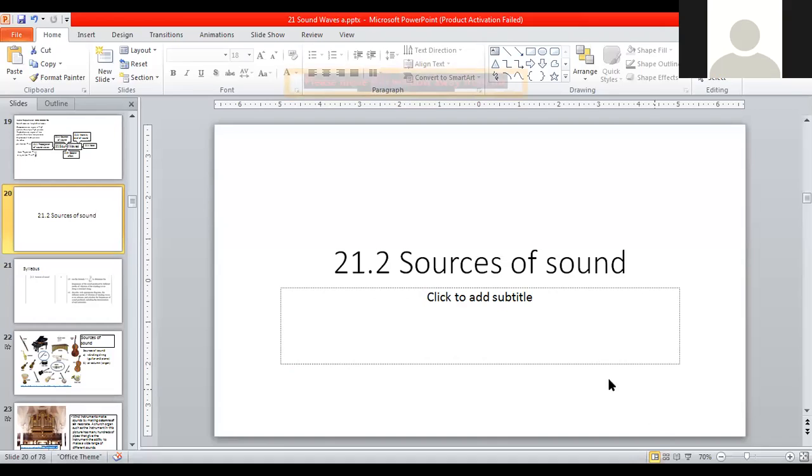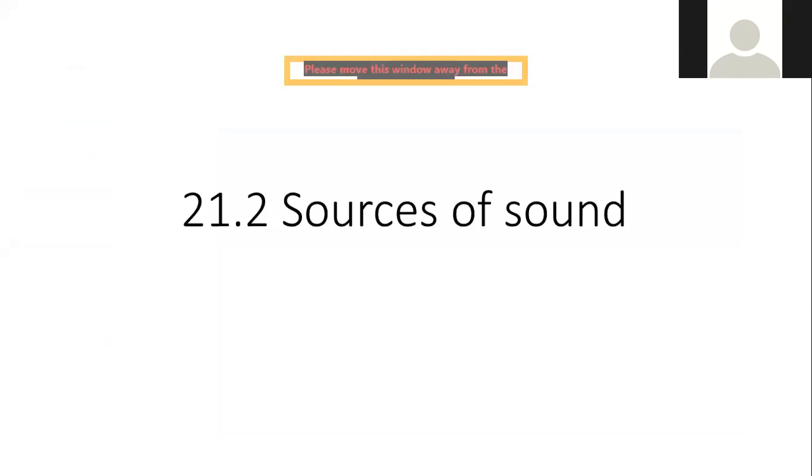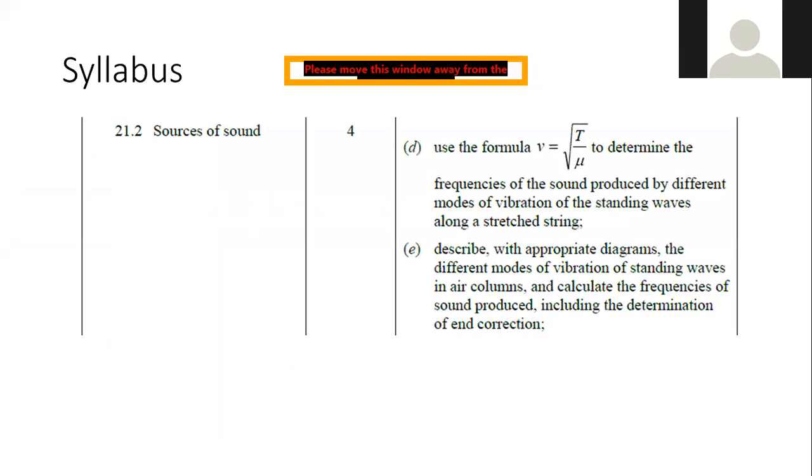Okay, let's look at sources of sound wave, how the sound is produced. Right, 21.2 syllabus-wise, sources of sound wave. That one we have gone over, under sound wave in string. So refer to that.